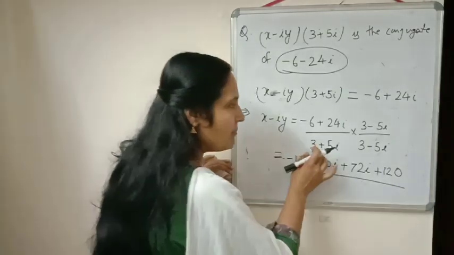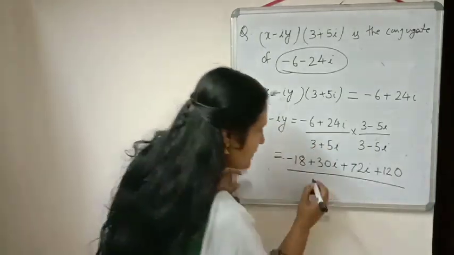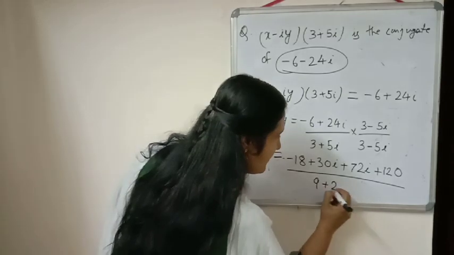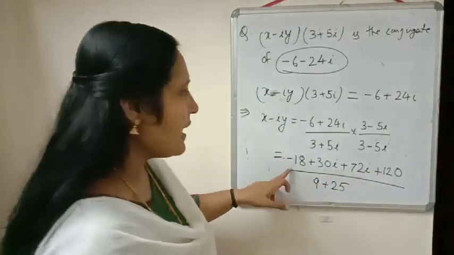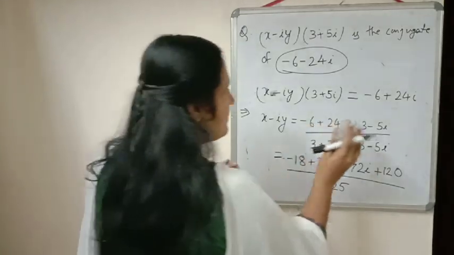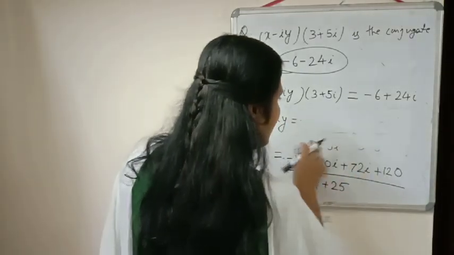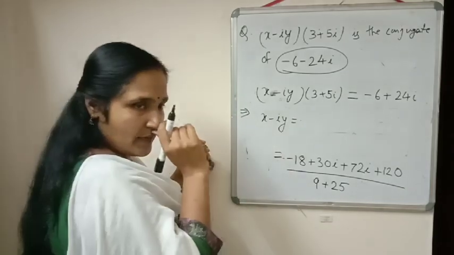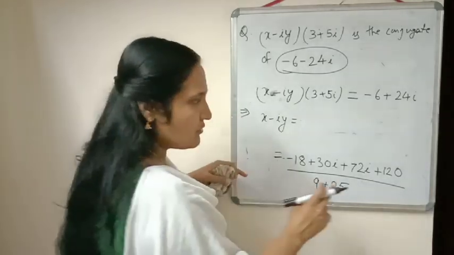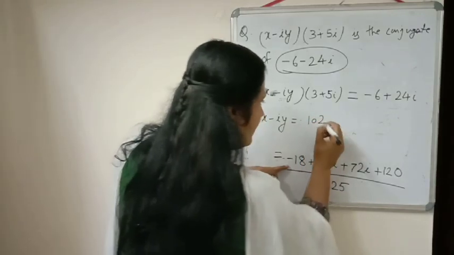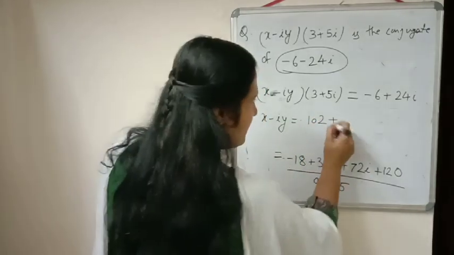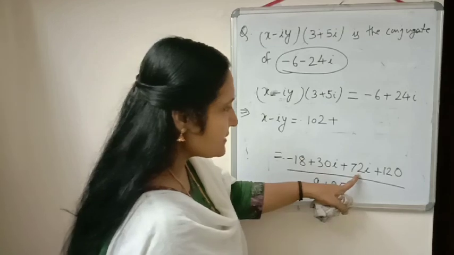Always it is in the form of a square minus b square. So we will get here 9 plus 25. Now 120 minus 18, how much it will be? Yes, 20 minus 18 is 2. So 120 minus 18 will be equal to 102. 102i is 30 plus 72.